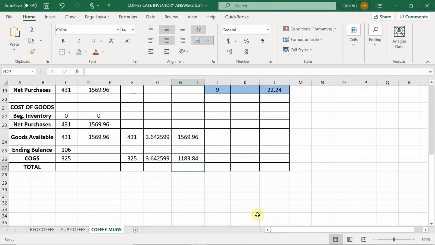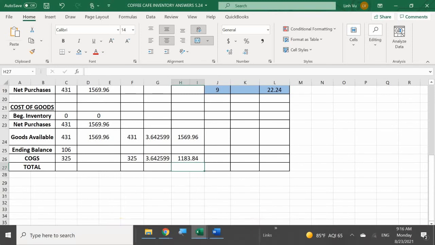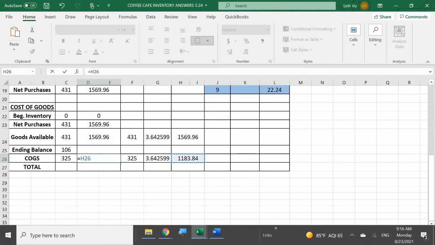1183.84. Is that what you said, something like that? 1183.844675. Yeah. Correct. So that means you sold a total of $1,183.84. Okay. So then, how much should my ending inventory be?